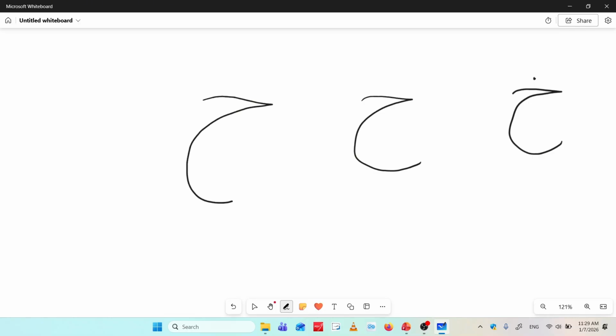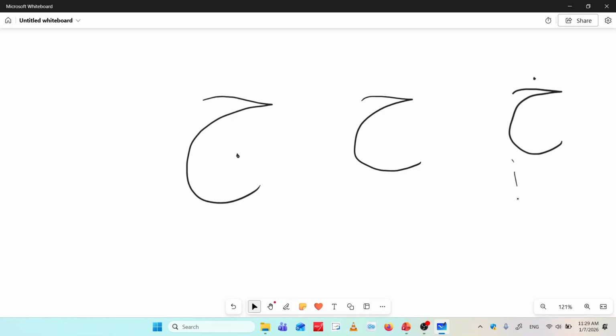Let's work on one more example. I'm going to connect all of them. We have Kha, Ha, and Jeem. I'm going to imagine that they are all in one word. It's not a word. I'm just showing you how to write them in this order.